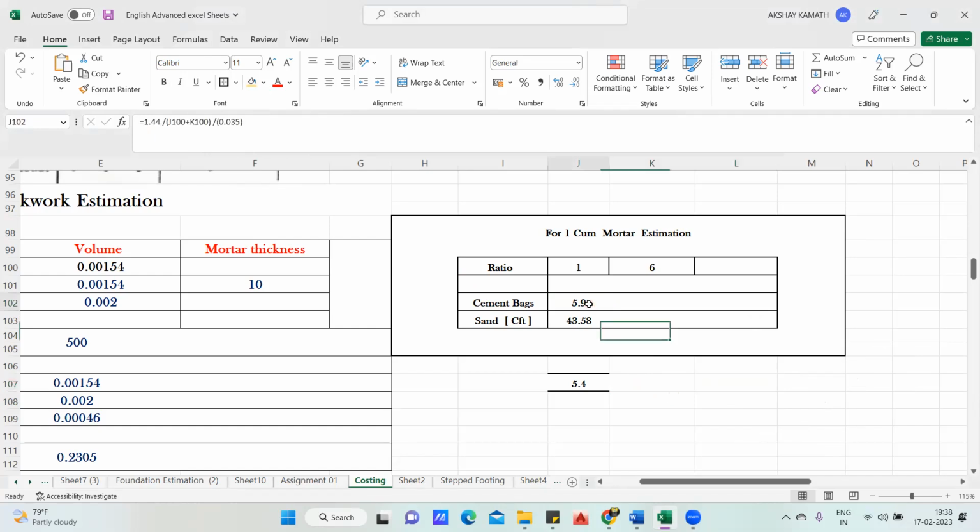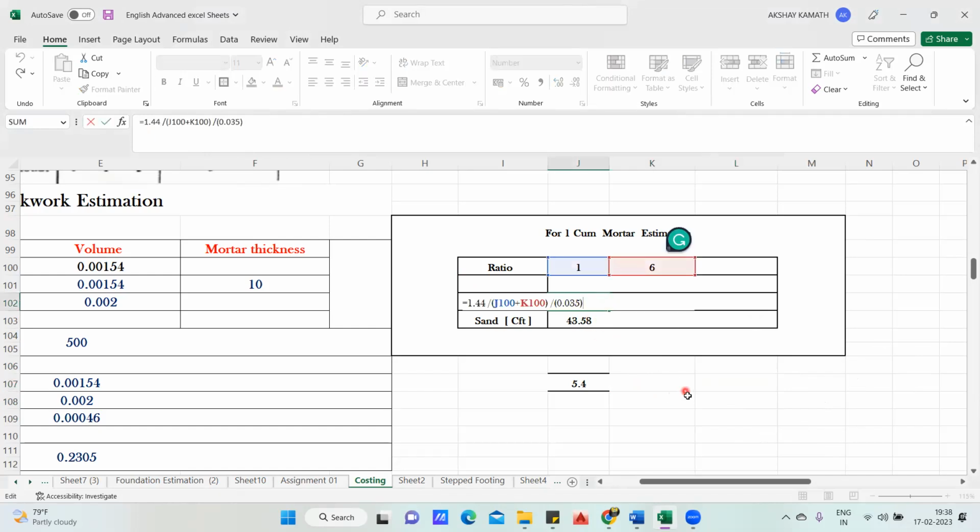Simple. So I'll do it here if you want. Again the same calculation: 1.44, the conversion factor, multiplied by 1, that is for mortar for 1 cubic meter, multiplied by cement volume, that is 1.